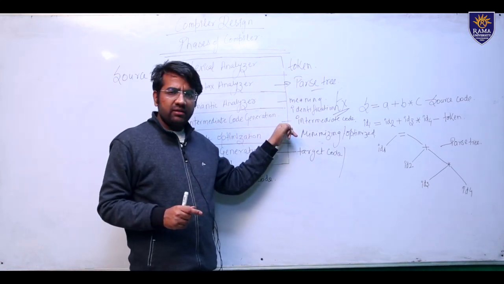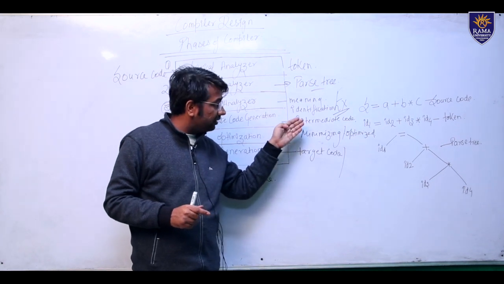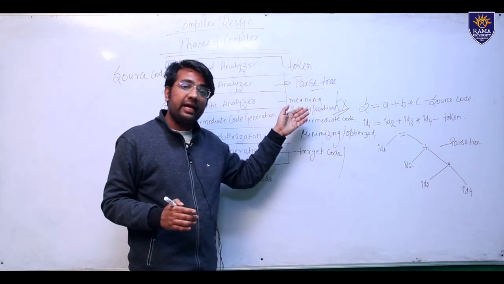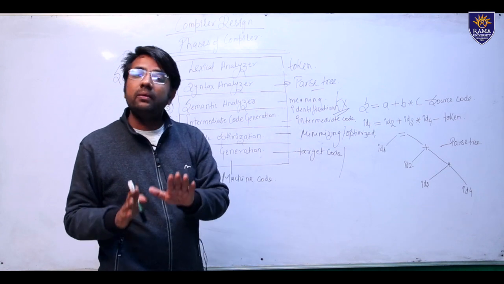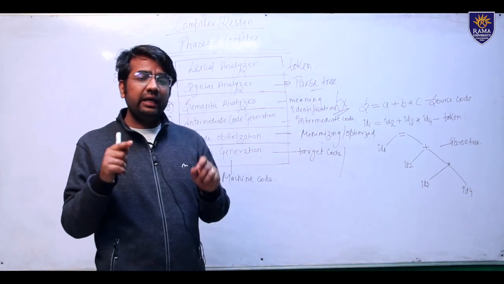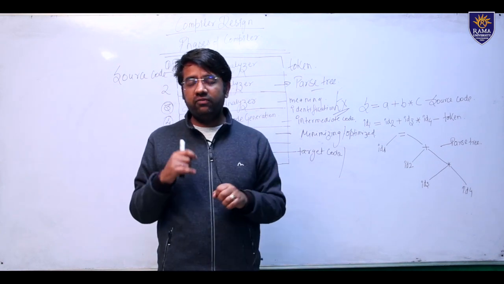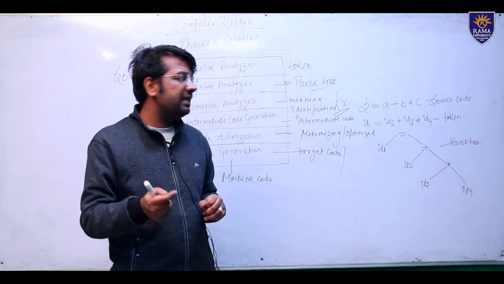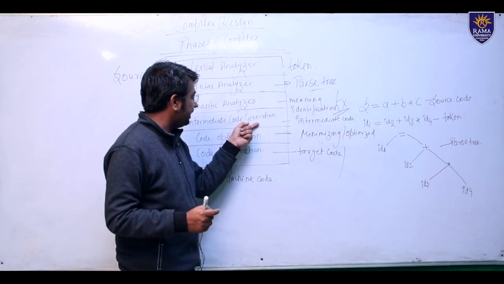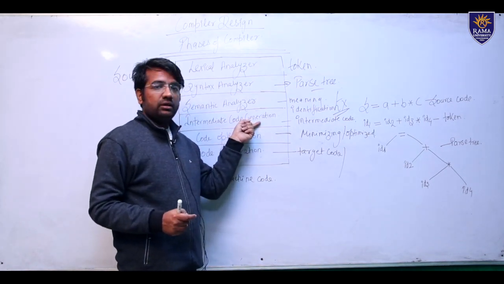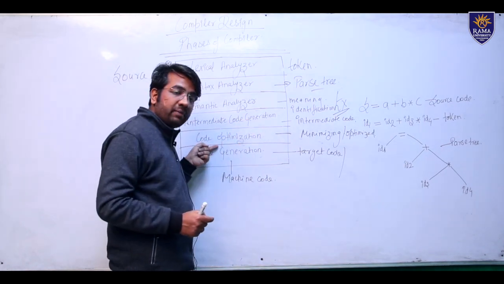In this phase, we could easily convert the intermediate code directly into machine code. But to increase the efficiency of the process and of the compiler, we take the intermediate code and transfer it to code optimization.